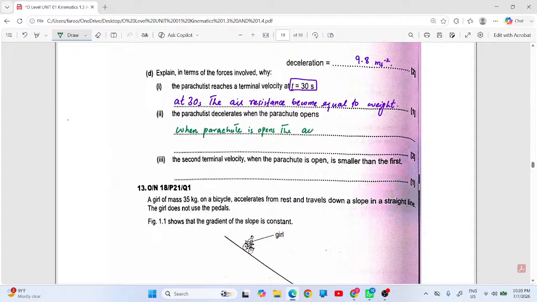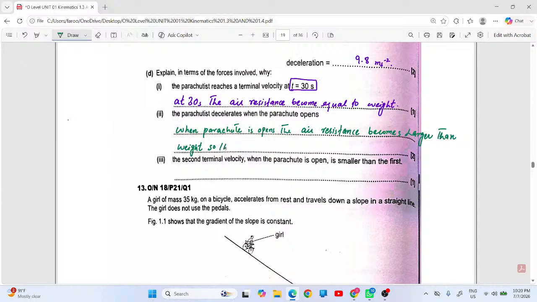Important: when you open the parachute, the air resistance becomes larger than weight, so the net resultant force will be in the upward direction.